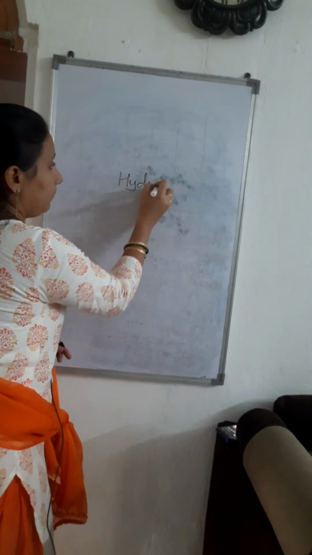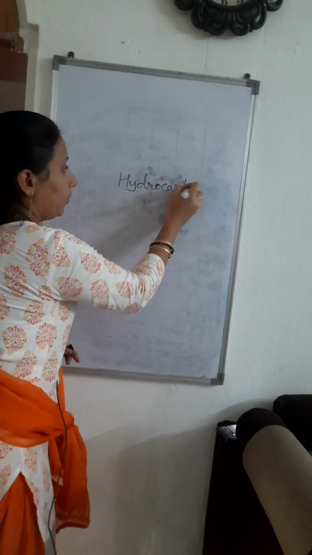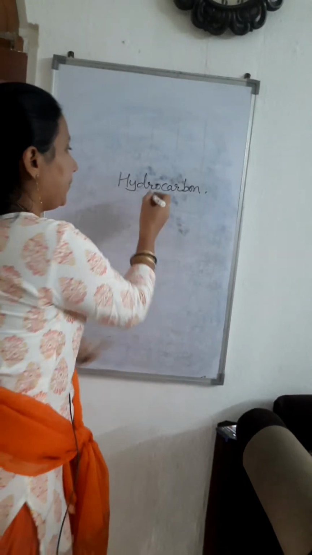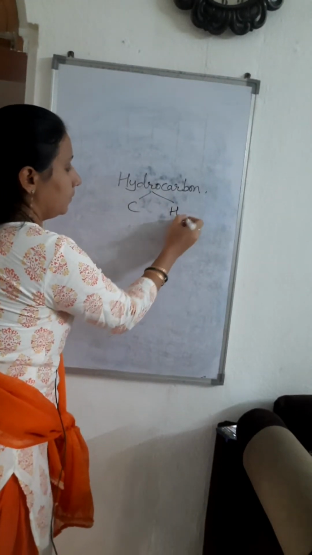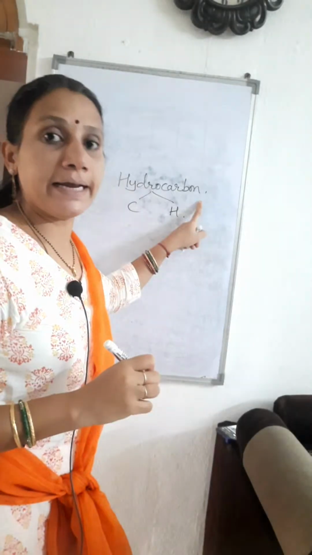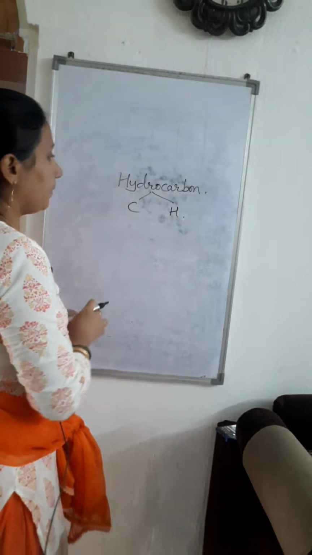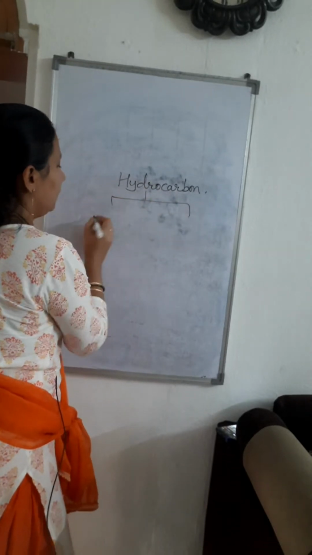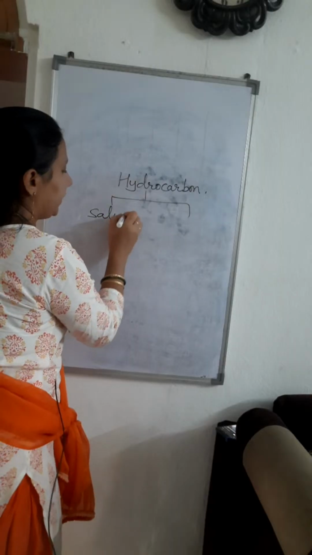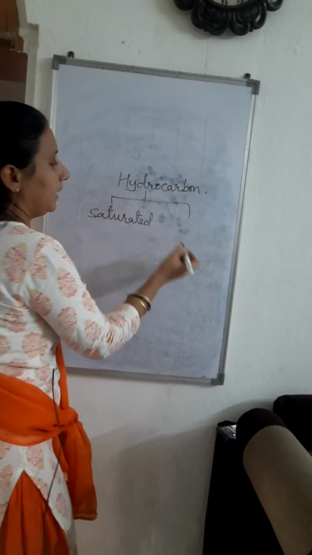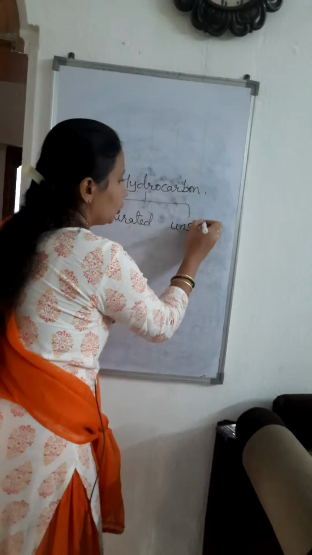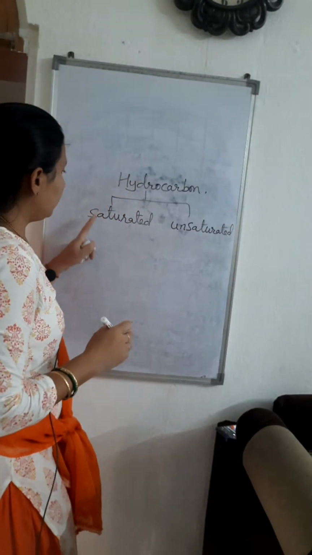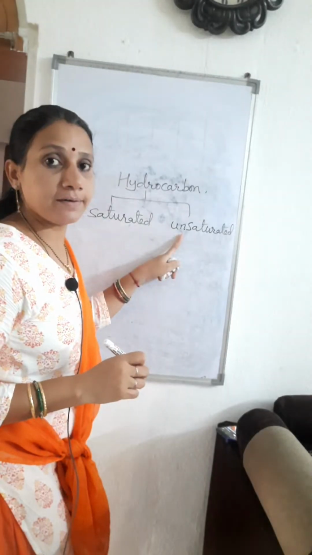With the name you can make out that the compound is made between carbon and hydrogen, so we call it hydrocarbon. Now hydrocarbons are of 2 types. One is called saturated hydrocarbon and the other is called unsaturated hydrocarbon.